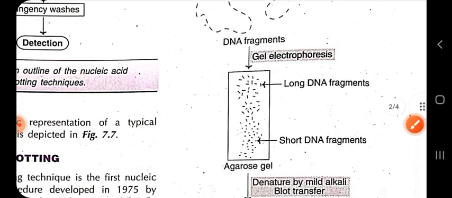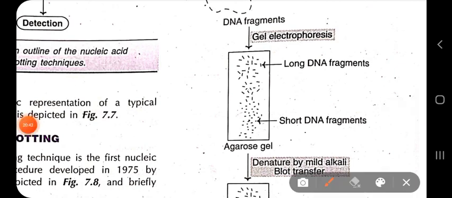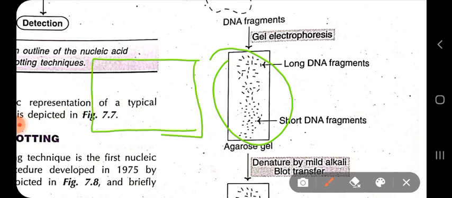Then we go for gel electrophoresis. Gel electrophoresis doesn't look like this in reality. It actually has a slab made of polyacrylamide gel, where we have created small pores called wells.